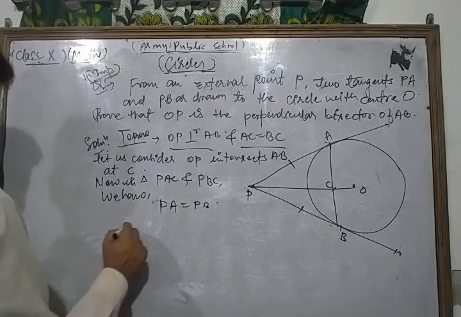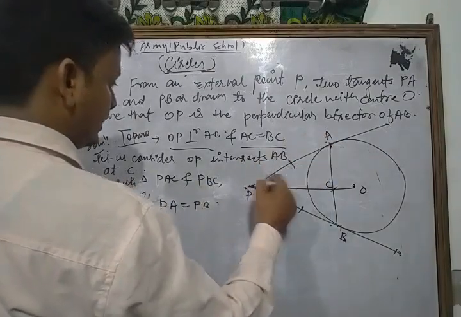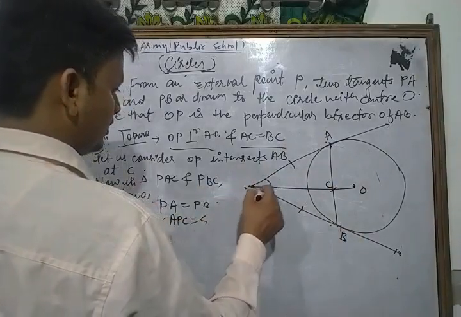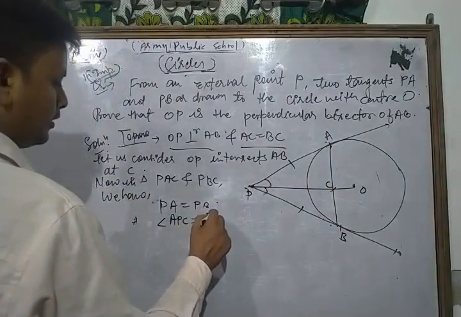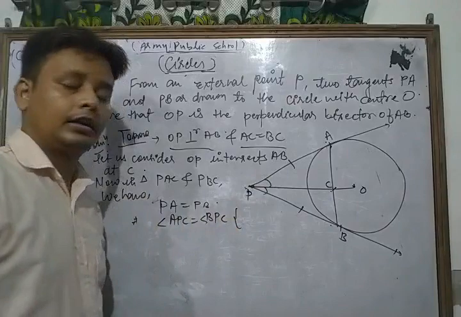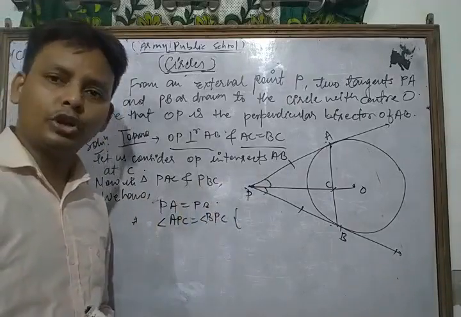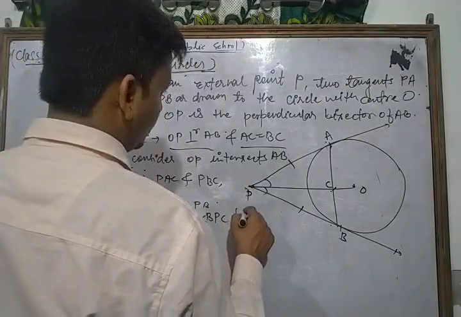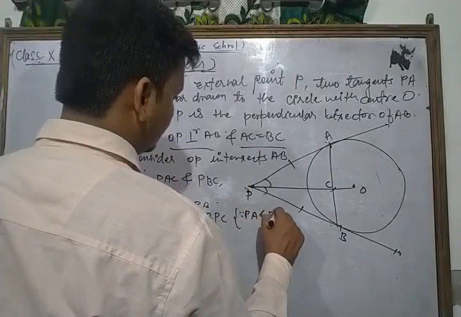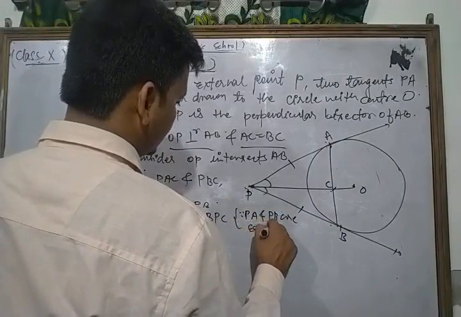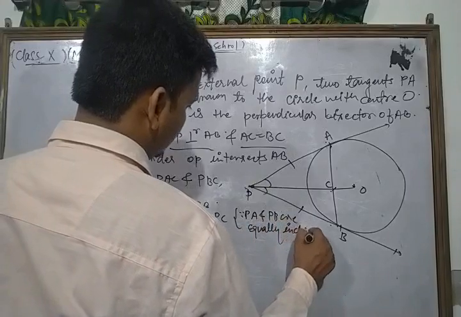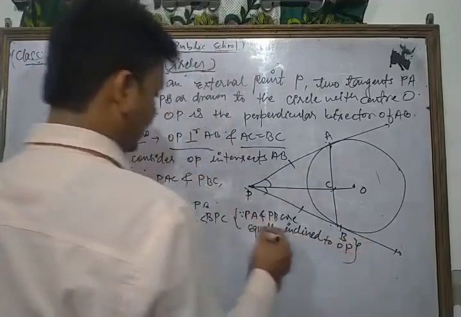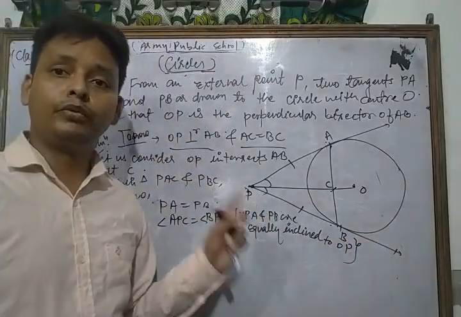Okay. Now, angle APC is equal to angle BPC, because the tangents are equally inclined at the point of intersection. Since PA and PB are equally inclined to OP, that result we also already proved in previous classes.